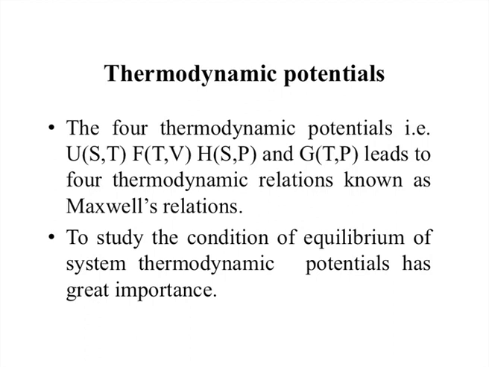The second is the Helmholtz function F, a function of temperature and volume. The third, H, is a function of entropy and pressure. Finally, the Gibbs function G is a function of temperature and pressure. These lead to the four thermodynamic relations known as Maxwell's relations.